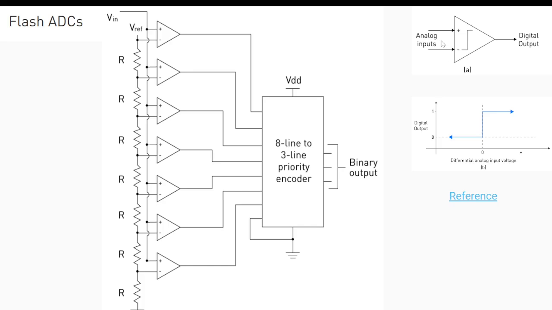If the analog voltage here is less than the voltage here, the output will be 0. If the analog voltage at the non-inverting input is greater than the inverting, the negative input, it will be 1. Okay, and go to this reference for any further details for any passionate students. So let's carry on.